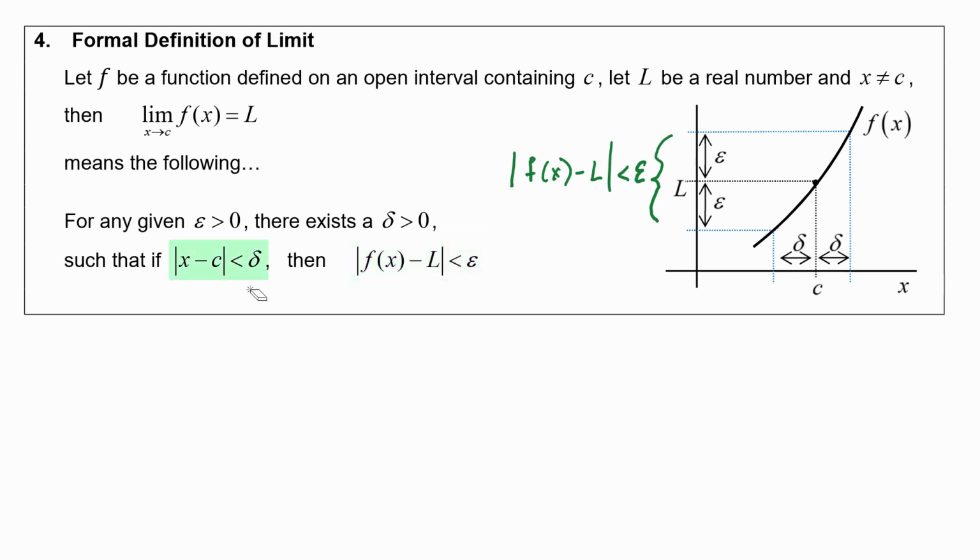And this inequality, the absolute value of x minus c less than delta, is talking about this interval down here. Now let's zoom in on this diagram and understand in more detail what's going on.